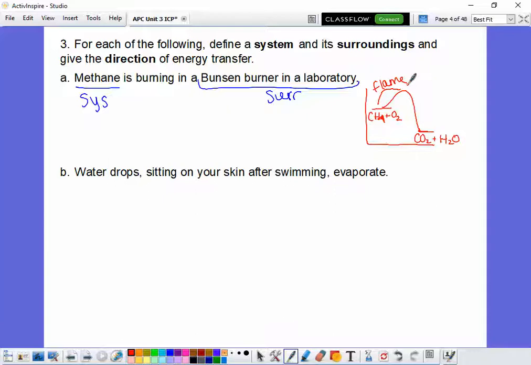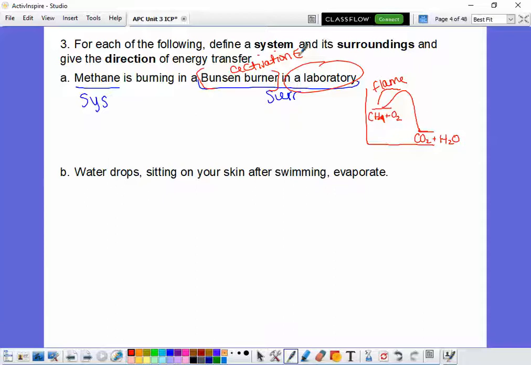Activation energy. So the flame provides enough energy for the reaction to start. That's the activation energy. But then see how much it releases? And this is not to scale at all, but if you end up releasing or getting back out more energy than you originally put in, then it's exothermic. Okay? So really, our surroundings are more just the lab, and this is the source of my activation energy.